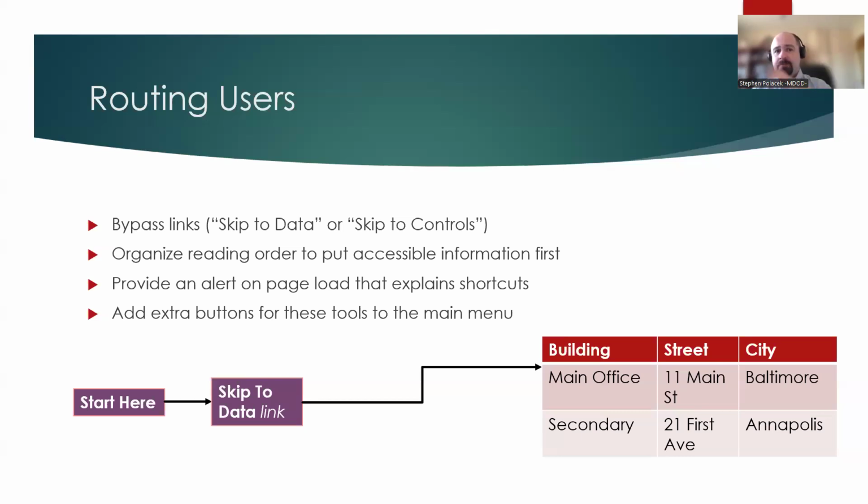Or in some cases, I'm in the bottom corner of the map and I want to get back to the search results. There might be a button there. It says, jump to search or something. Or I have keyboard shortcuts that let me do that. Control Alt S. I don't know, whatever you set it. But making sure that all of these tools are available at any time.